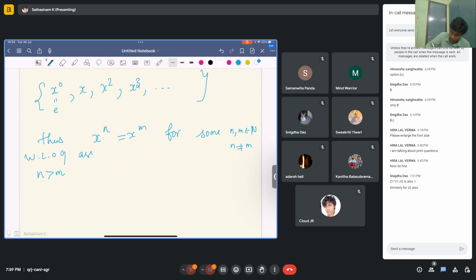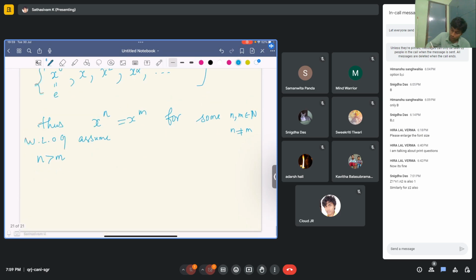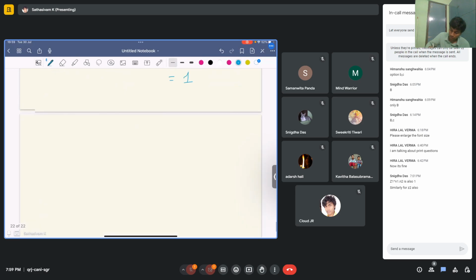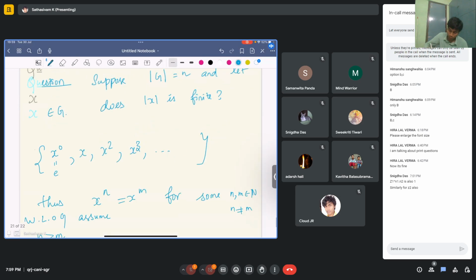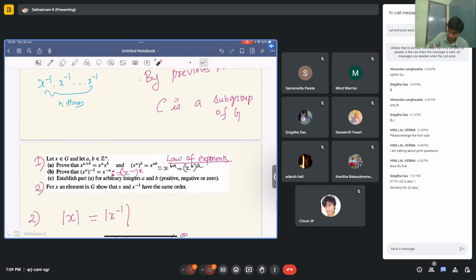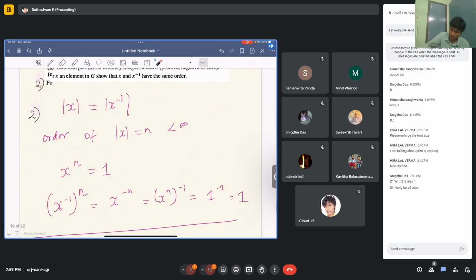Assume. Then if you look at x power n, you put x power m inverse on both sides, so this will become 1. Here you use this law of exponents. So use this property and you can write it like this.